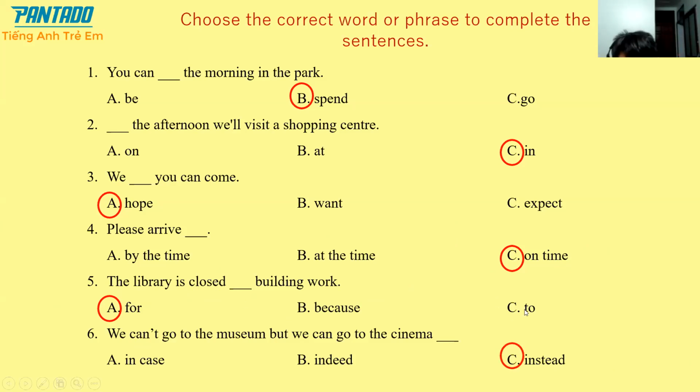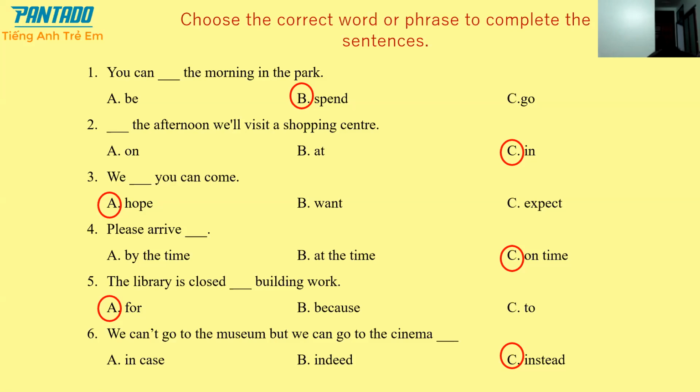I want you to read the sentences, Hui, and fill in the right answer in every blank. Okay, number 1. Read number 1 with the correct answer. You can spend the morning in the park. Very good. Number 2. In the afternoon, we will visit a shopping center.